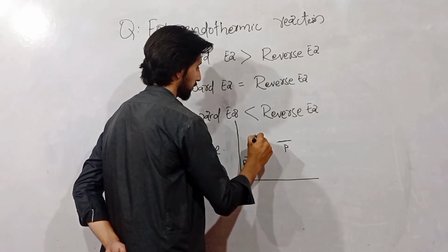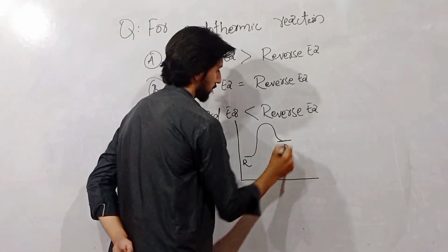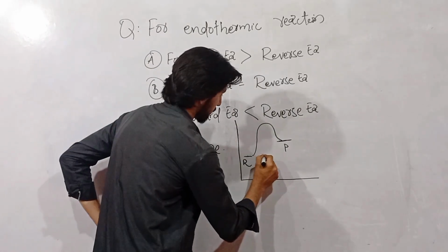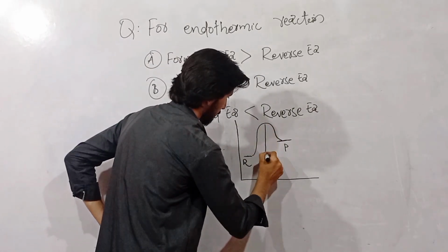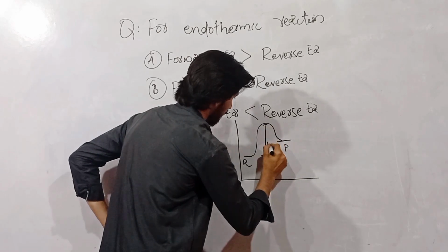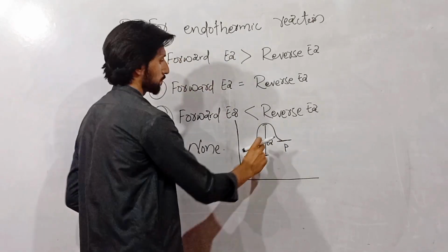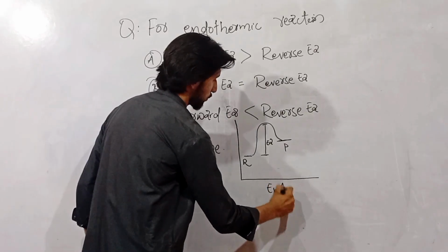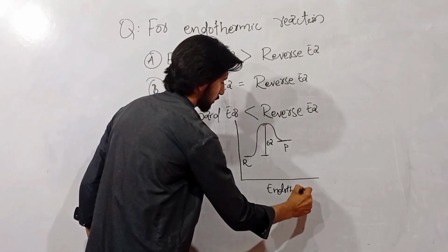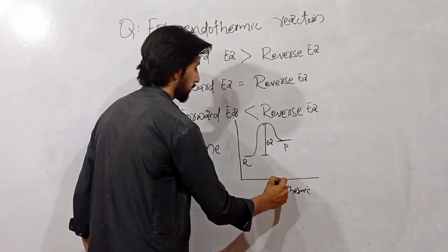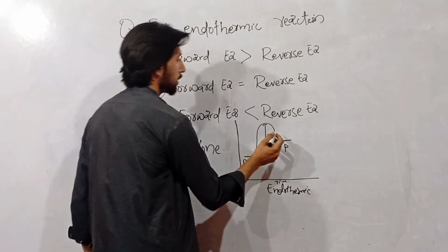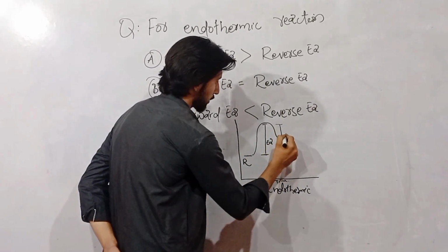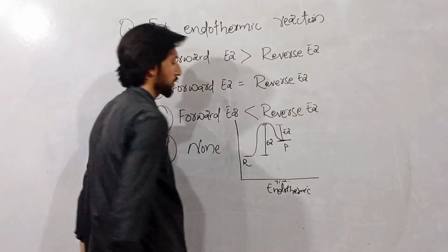We will have a curve like this. So this is the activation energy, EA, for the forward reaction in the case of an endothermic reaction. And this is the activation energy for the reverse reaction.